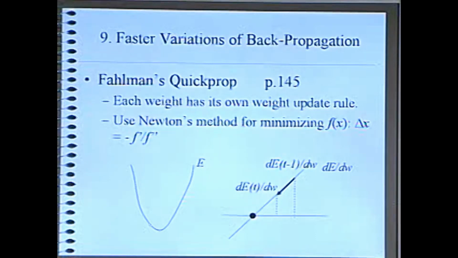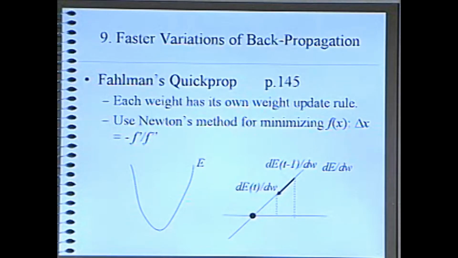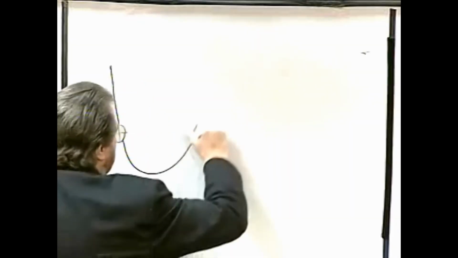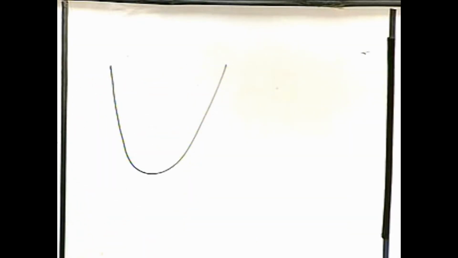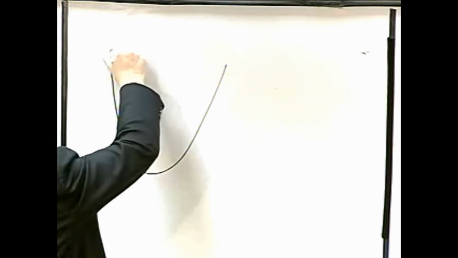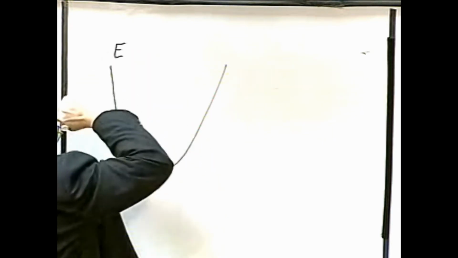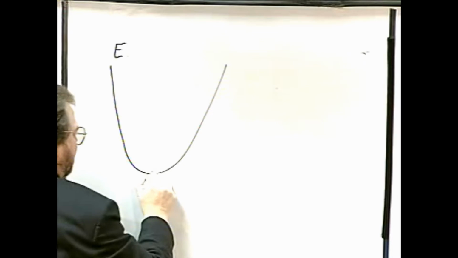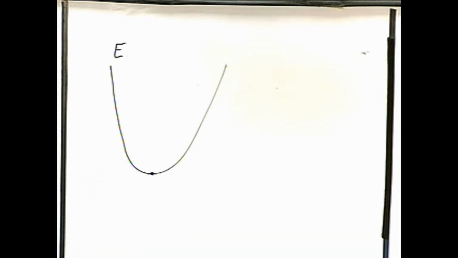Newton's method, as we mentioned here, assumes that the error that you're looking at is basically parabolic, an upward-opening parabolic sort of relationship. So let's put it within the context of what we're talking about. This would be the error function, and of course what we would like to do is find this result at this point.